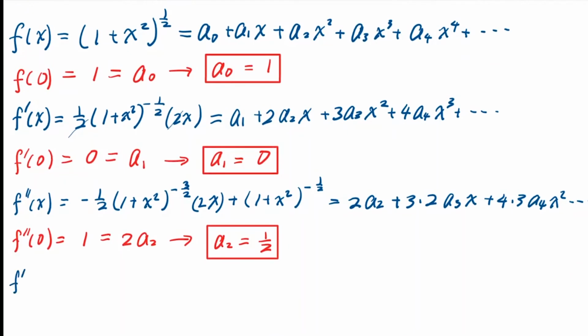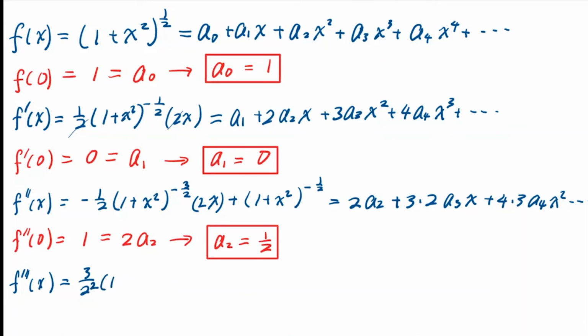So f triple prime of x is equal to u... product rule again, right? So we have 3 over 2, I'm going to write it like this to develop the pattern, okay? That 3 over 2 comes to the front. You get it? And then the sign becomes positive, so possible alternating signs developing here.